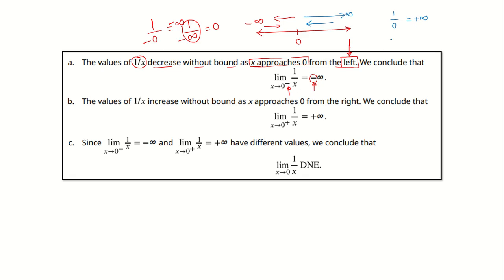So we have positive infinity here, and x approaches 0 plus, that means from the right. For this one, x approaches 0 from the right, so we have positive infinity.